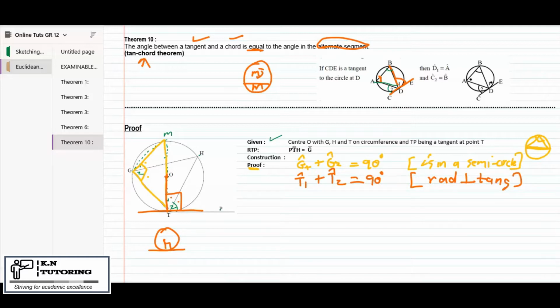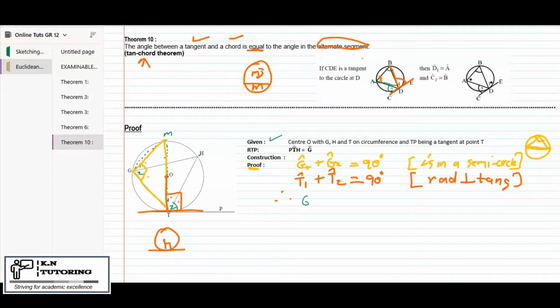Because in my construction I constructed a diameter, and a diameter is made of 2 radii, so OT is a radius. Now that this is equal to 90 degrees and this is equal to 90 degrees, it means G1 plus G2 is equal to T1 plus T2.